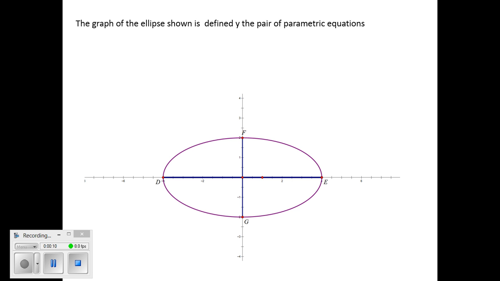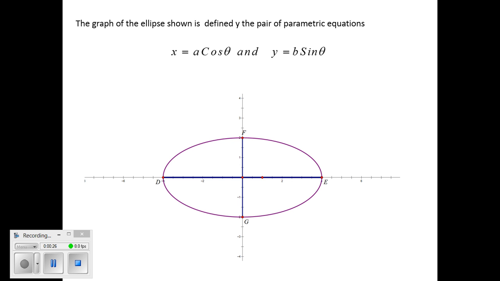All right, so here we have an ellipse, and we saw previously that the ellipse can be named with a pair of parametrics as defined below. X equals a cosine of theta, and y equals b sine of theta.